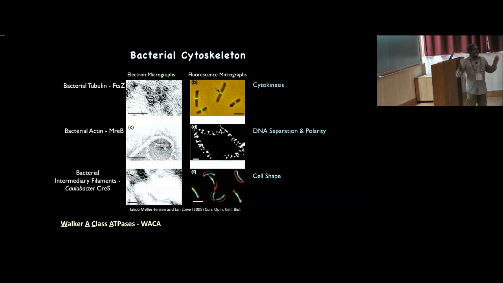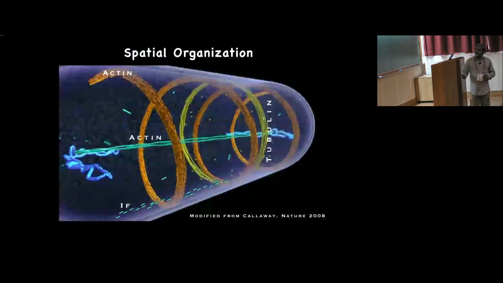So bacteria do have a cytoskeleton, and it plays important roles like cytokinesis, DNA separation, polarity, cell shape, whatever we can imagine in a eukaryotic cell. And there's a separate class of proteins called the Walker A class of ATPases, which are termed cytoskeletal in bacteria. The proteins are there in eukaryotic cells, but they are not of a cytoskeletal nature. So they also have spatial organization.